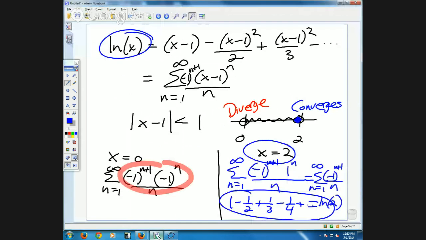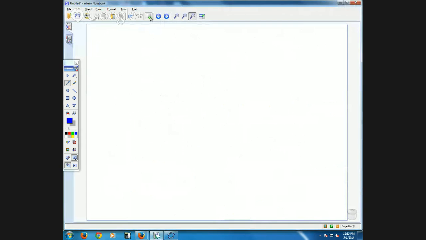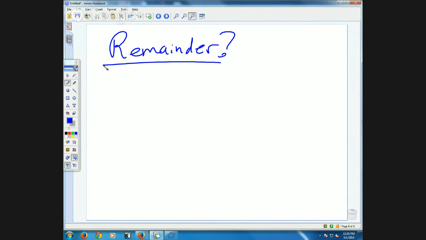All right. What does the remainder theorem say for alternating series? The remainder theorem says that the error, the remainder in absolute value, has to be less than or equal to the next term, which we call u sub n plus 1. I knew the answer to that.